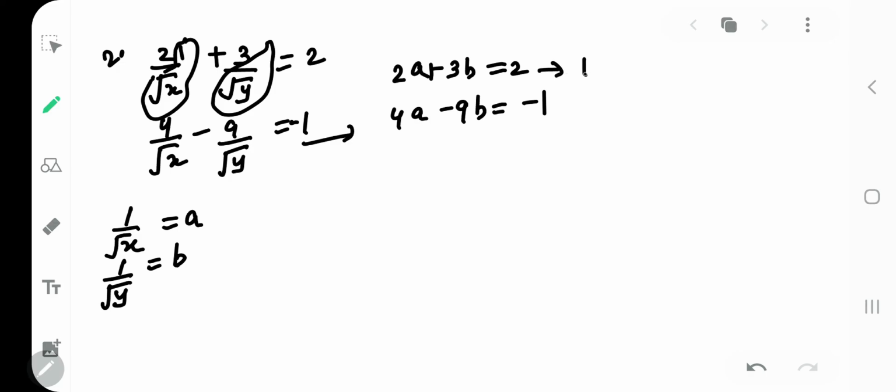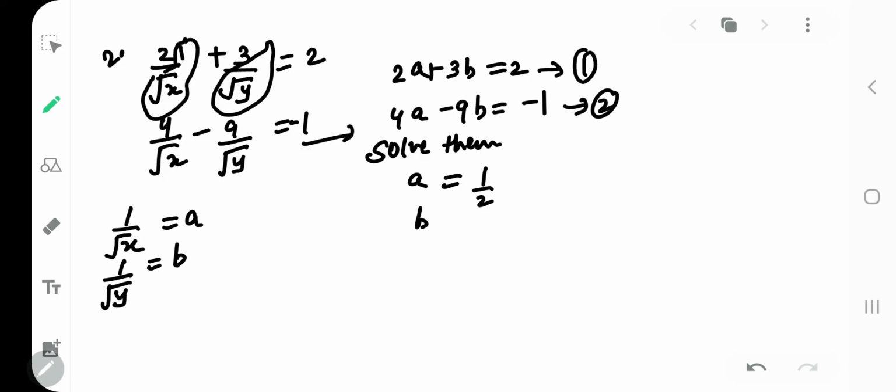Once you get both equations, solve them simultaneously by using any method so that you get the value of a as half and the value of b as 1 upon 3.